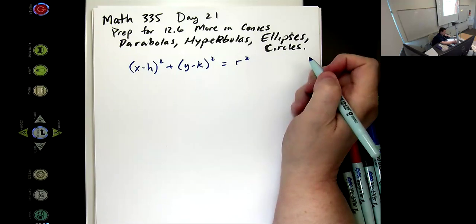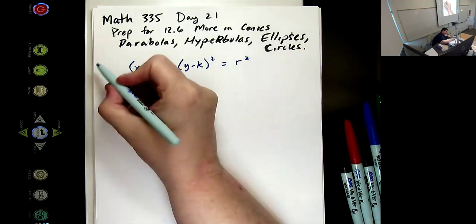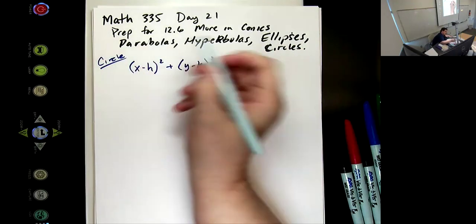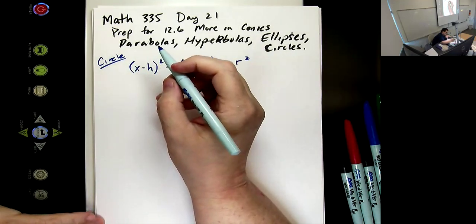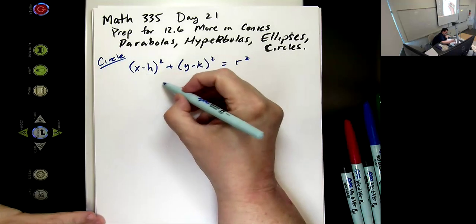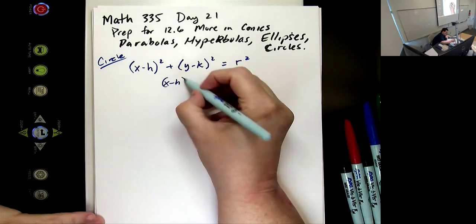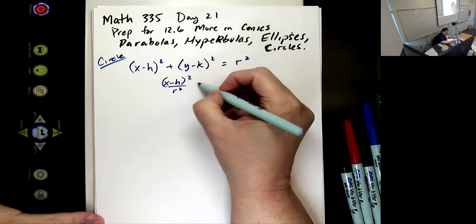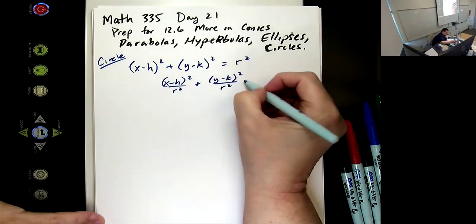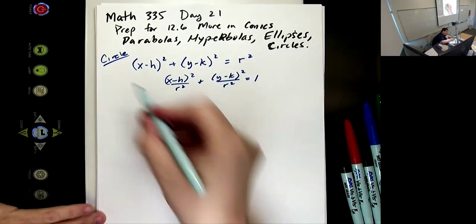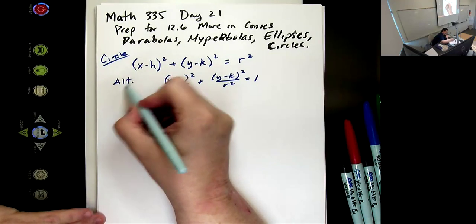So that's a circle. And the alternative form we have is we divide by r squared. So I'll call that the alternate form.